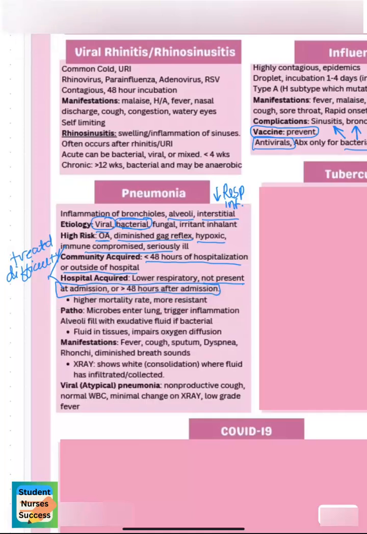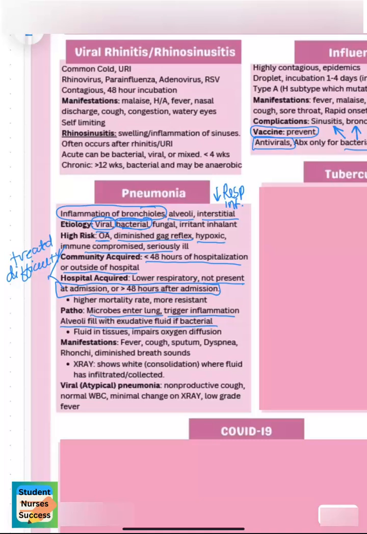So we do see a higher mortality rate with hospital acquired. Now, the patho behind pneumonia is that microbes enter the lung, and those pathogens trigger inflammation. Remember, pneumonia is inflammation of the bronchioles. With this inflammatory response, the alveoli start to fill with fluid, particularly if this is a bacterial pneumonia.